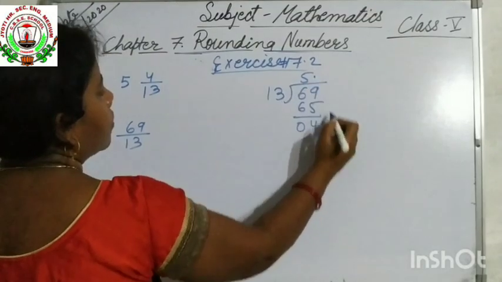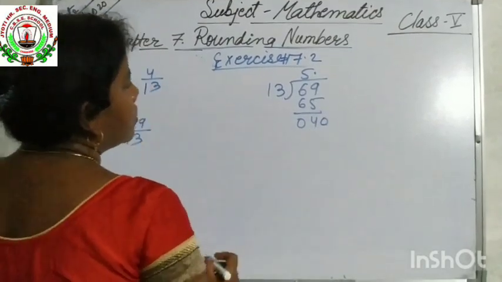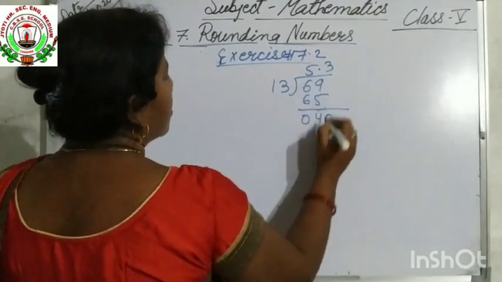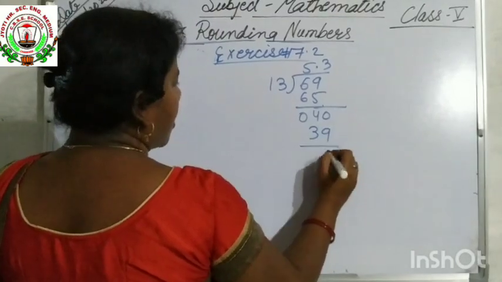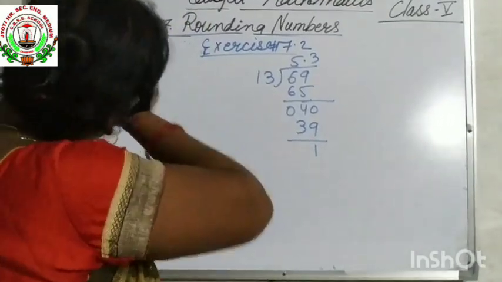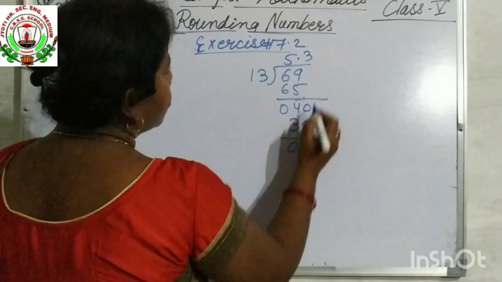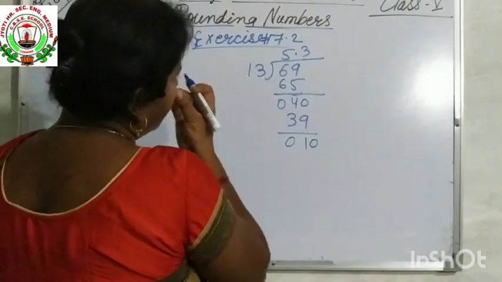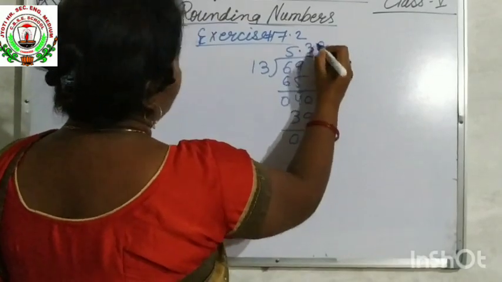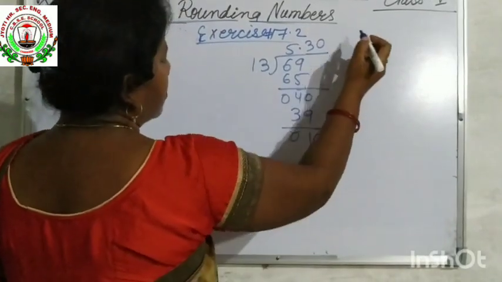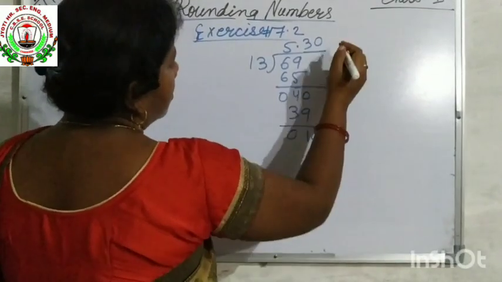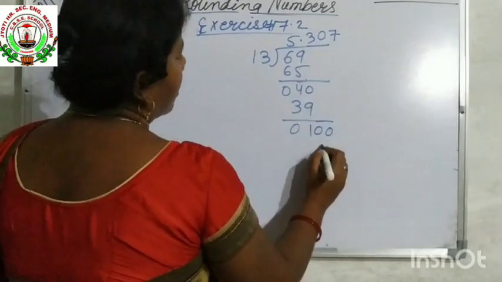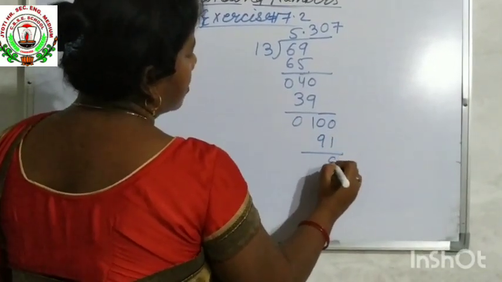This is 0. Put point. You will get 0. 13 times 3 is 39. 10 minus 9 is 1. 3 minus 3 is 0. Again for this decimal put 0. Then put here 0.